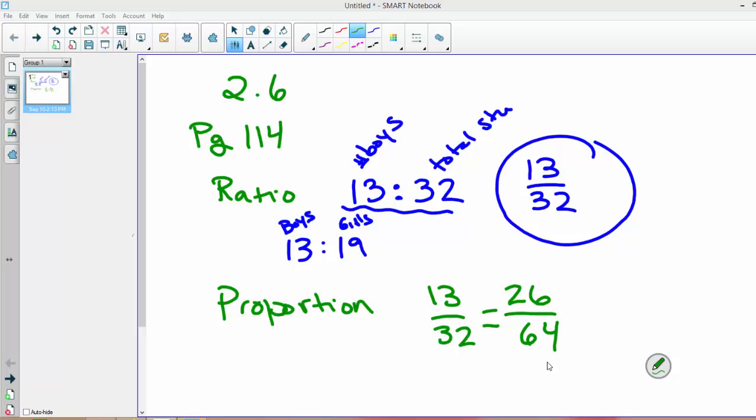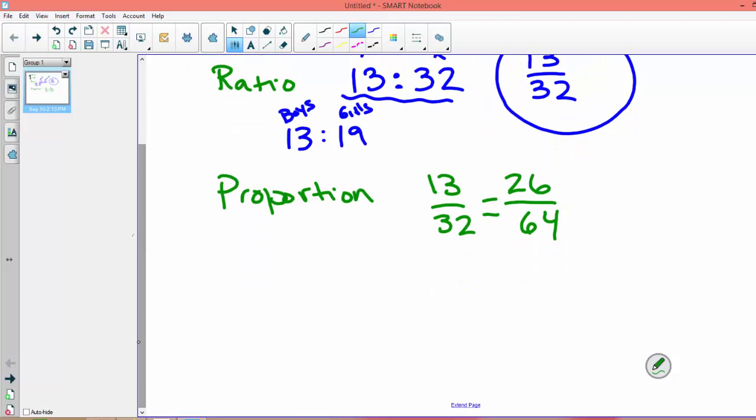We could also say that 13 over 32 would have to be, if there's 750 students in our school, how many boys would that have to be? So we could set up a little problem to solve.